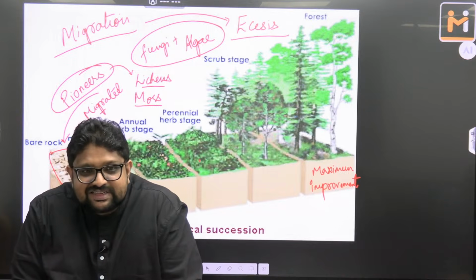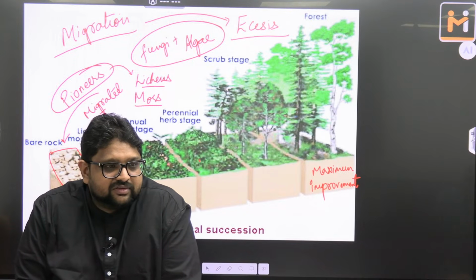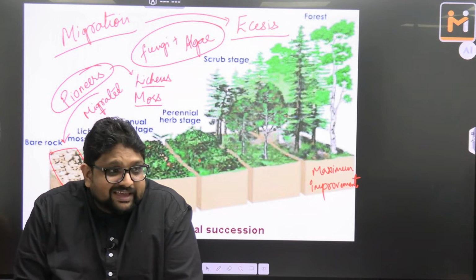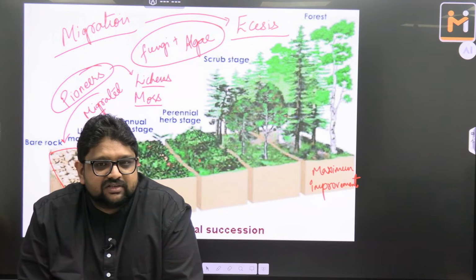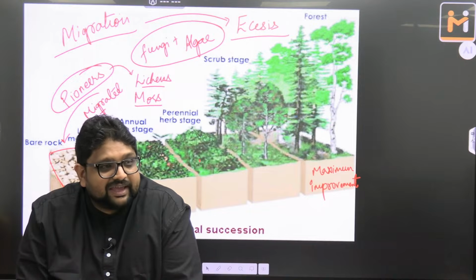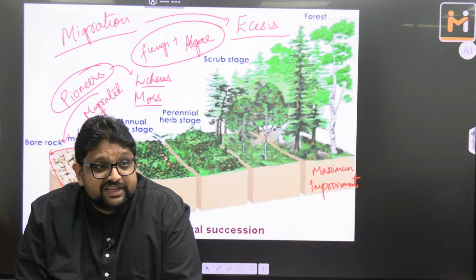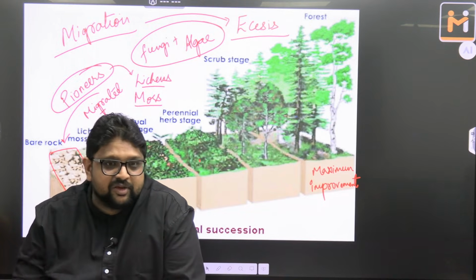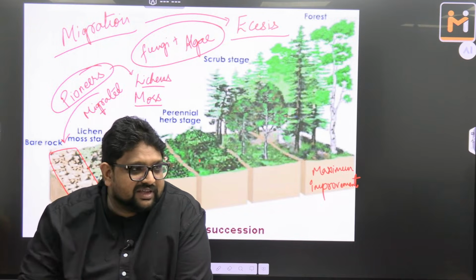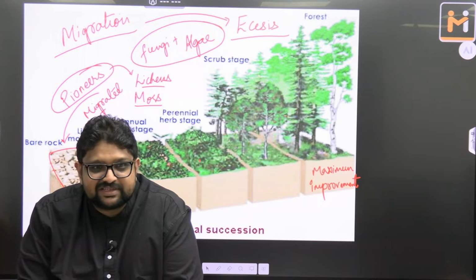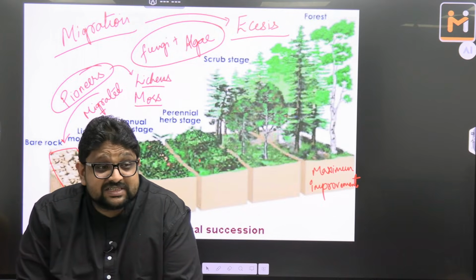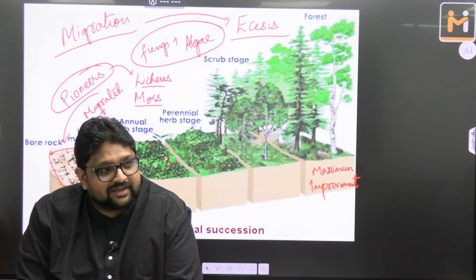Spores, they will settle down and start growing. If an egg comes, it will hatch and they will start living there. So ecesis is basically the stage of establishment of that organism. If you take plants, seed dispersal is migration, seed germination is ecesis.